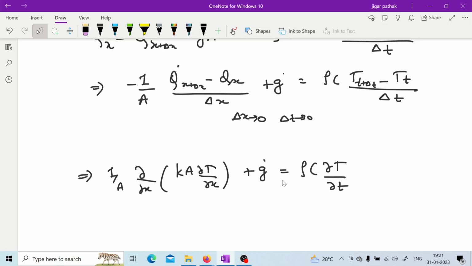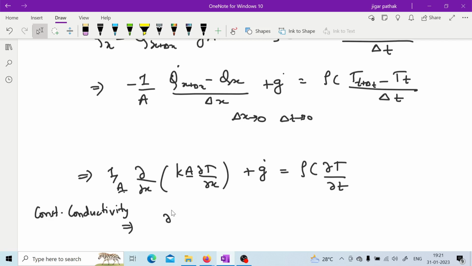Now here you can apply various conditions, right? For constant conductivity, let us say constant conductivity, you can take this K out, because it is constant. So for that particular case, you can have your equation modified. Area we are considering constant only, so it will anyway be nullified, right?